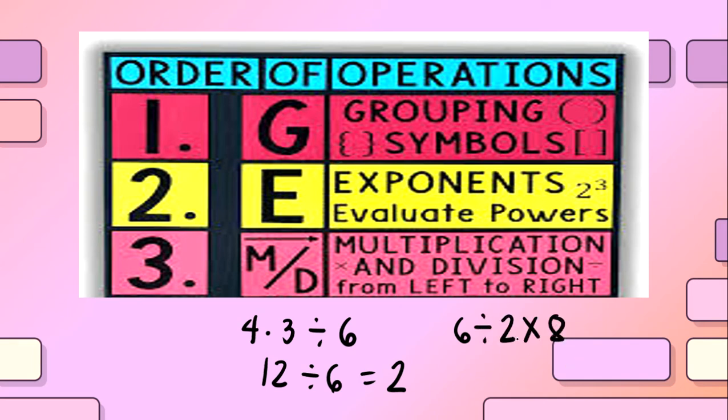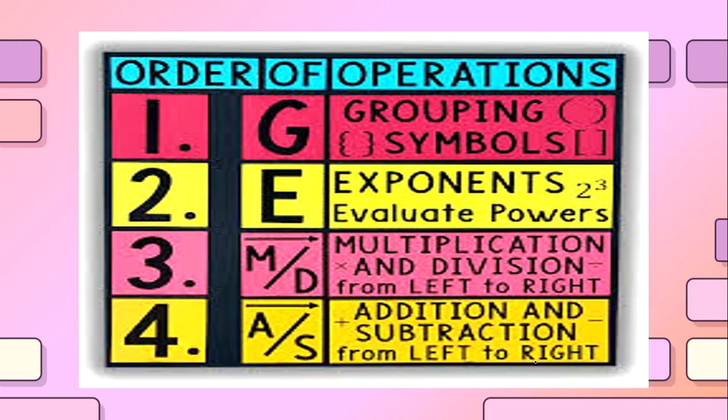Although it is GEMDAS, where the M comes before the D, the M and D are of the same level, so whichever comes first from left to right. From the left, the division comes first. 6 divided by 2, we simplify it first before we multiply. The quotient is 3 times 8, and the product is 24.